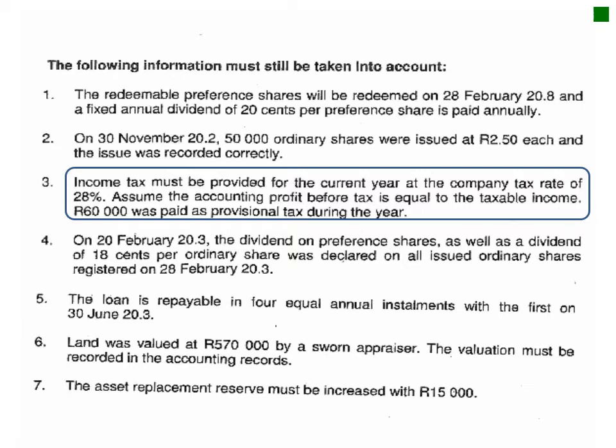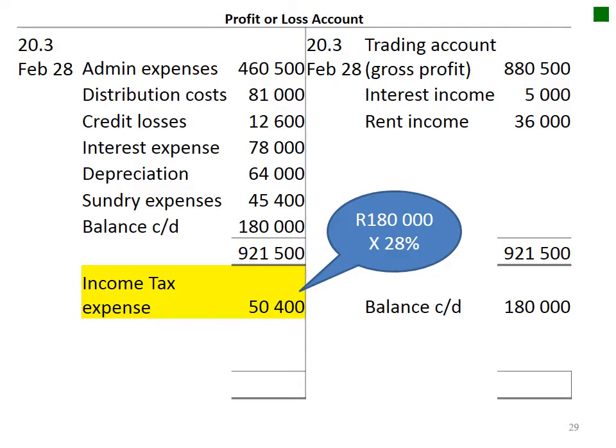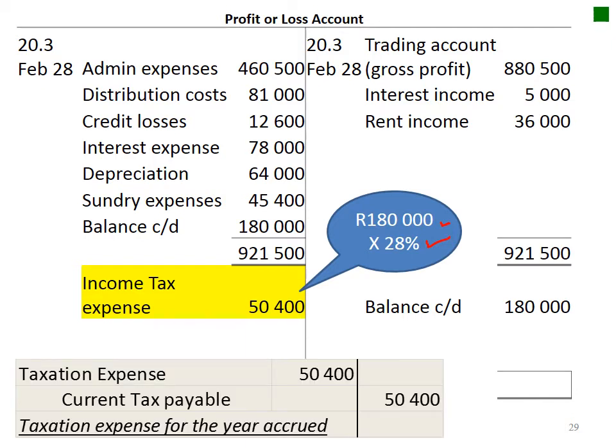They're saying the accounting profit and the taxable income are the same. Remember, they also told us 60,000 was paid as provisional tax during the year. So we're going to calculate our income tax amount based on 180,000, which is our profit before tax, times 28%. That's going to give us an income tax expense of 50,400.